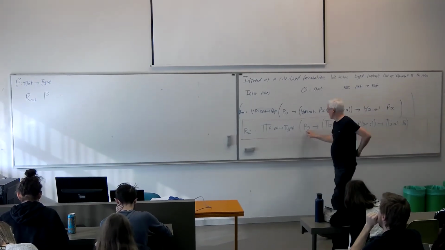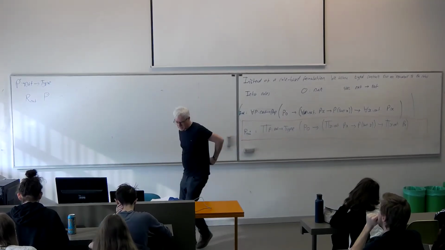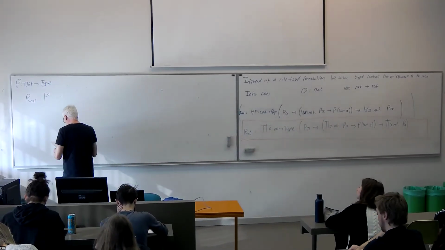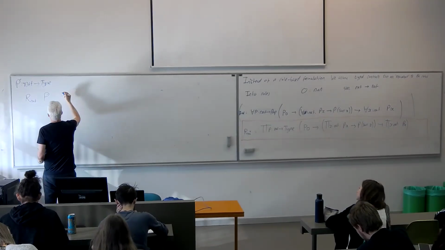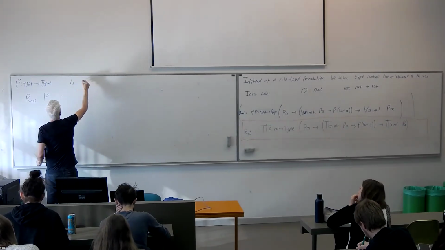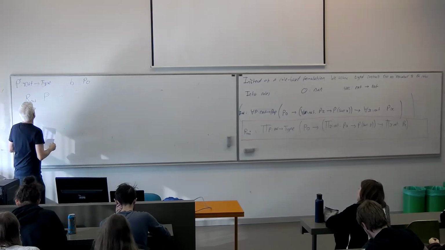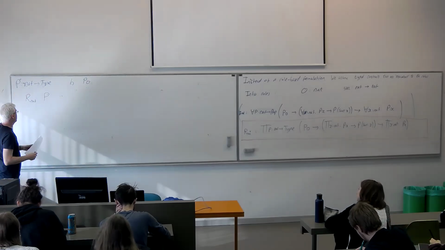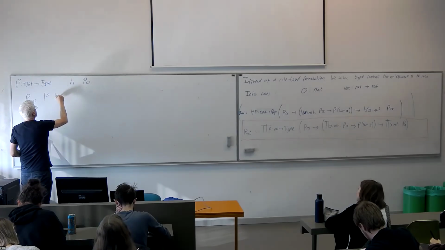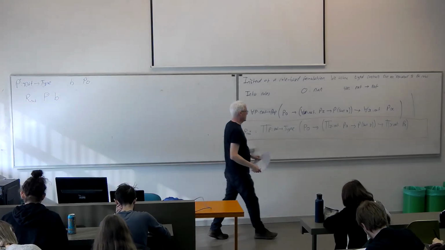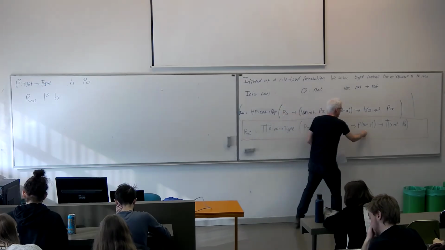So the first argument will be some element, little b, of type P of 0. So P of 0 is a type because we've applied P to 0.